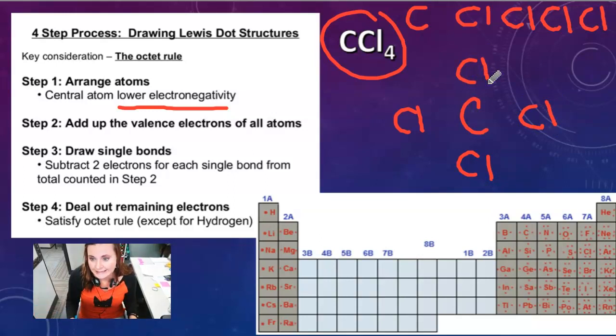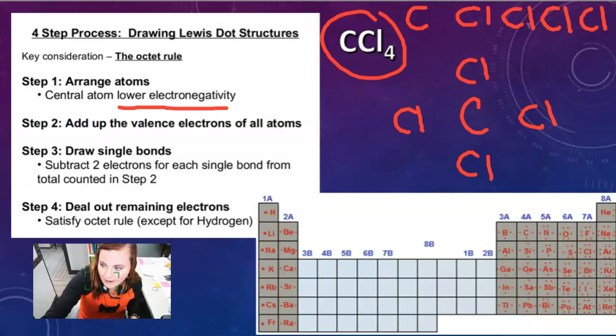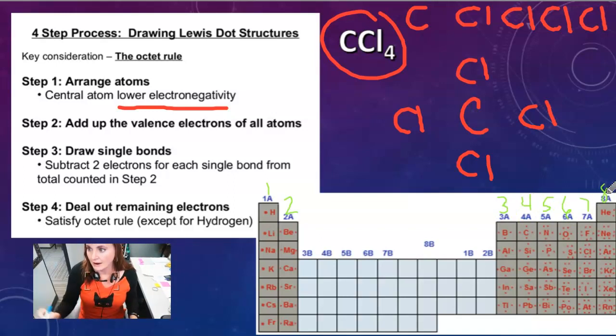The second step says add the valence electrons of all the atoms up. Okay. So I'm going to remember that there's 1 in this column, 2 here, 3, 4, 5, 6, 7, and 8. Carbon has 4.